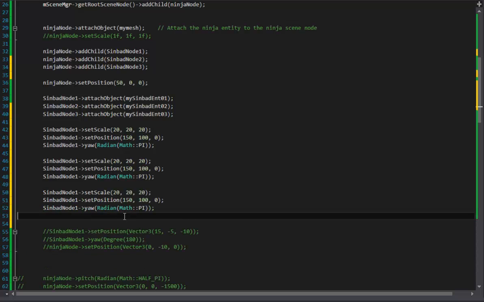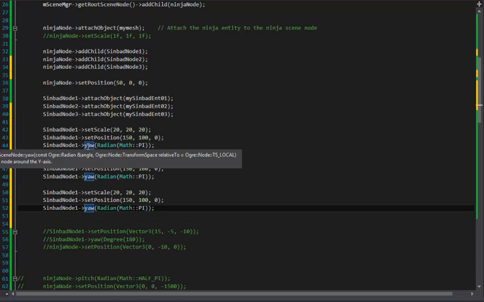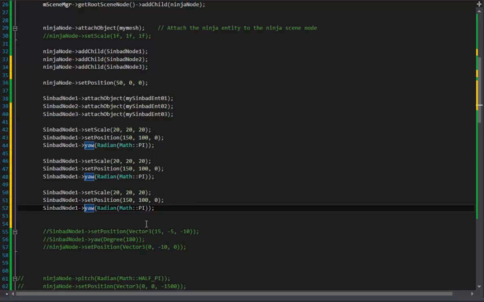So the yaw will stay the same for the 3 of them, because all of them are going to be looking at me, at the camera. I want them to look backwards. So all the yaw for the 3 of them will be the same. The scale would be the same. I want the Sinbads to have the same height. The positions would be different. So one of the positions would be negative 150 units from its root, which would be your Ninja.